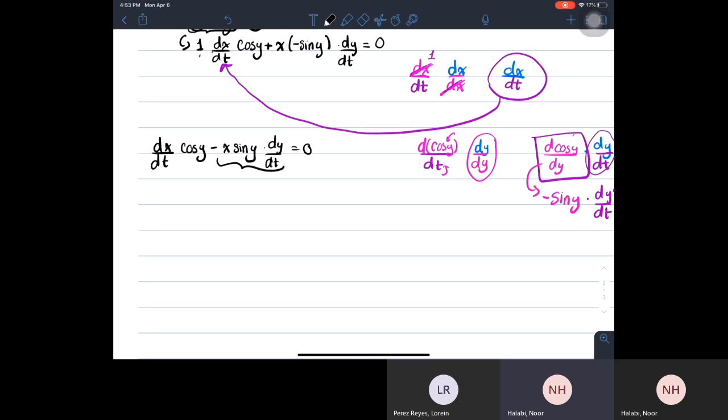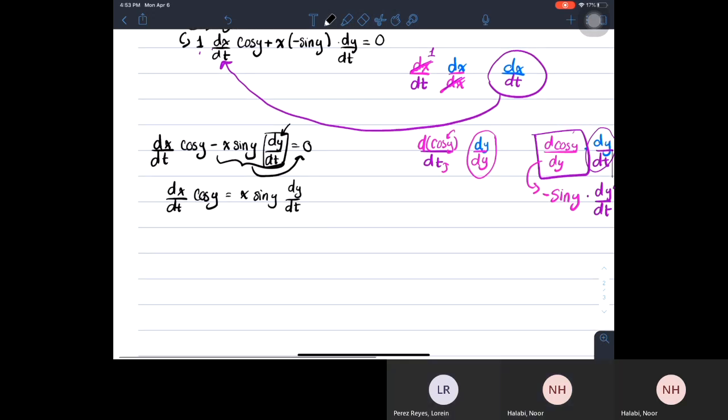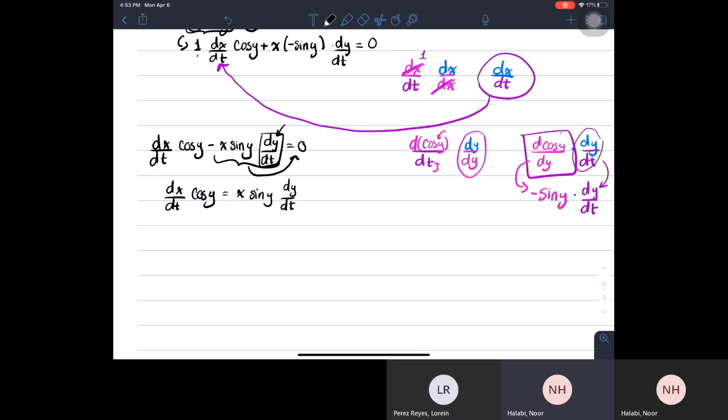Let's take this part to the other side because we're trying to solve for dy dt. This is what we need. So we end up with dx over dt cosine of y is equal to x sine y times dy dt. Okay? Yeah, I got that. So now I just divide by x sine y.